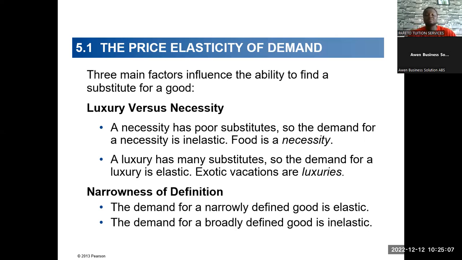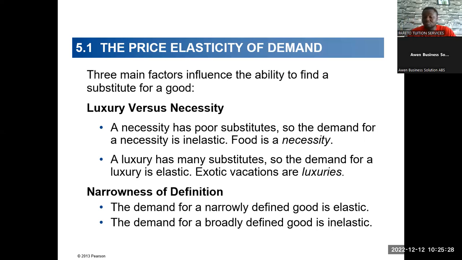But if you define it broadly, there is no way you can find a substitute. For example, housing is something broad. All the types of housing will come under it: all the types of apartments, single rooms, storey buildings, compound houses, and all that.